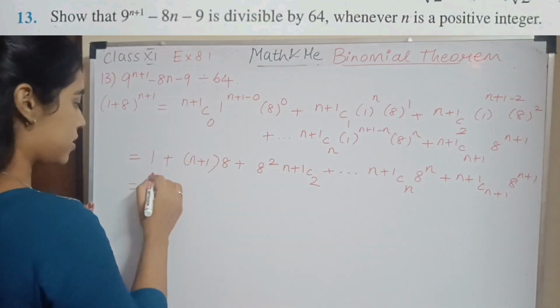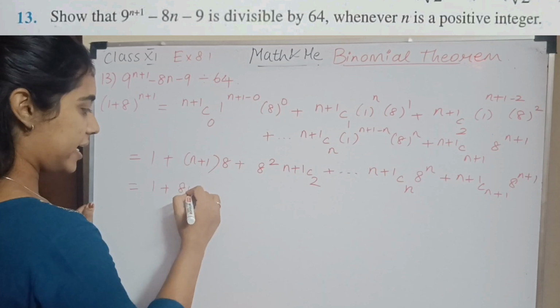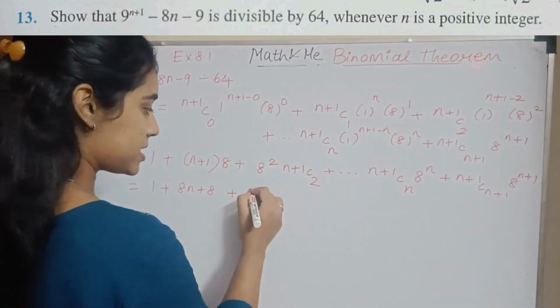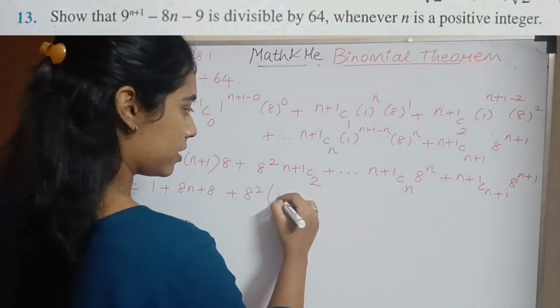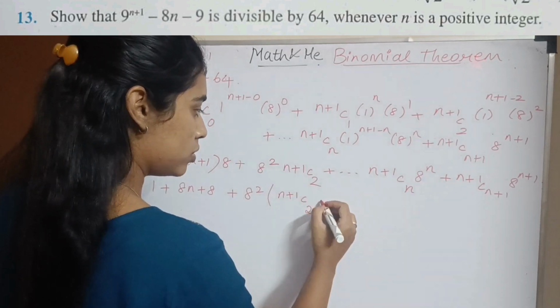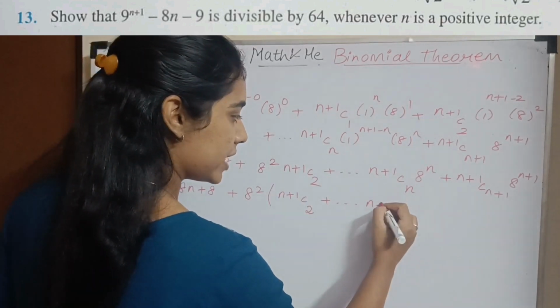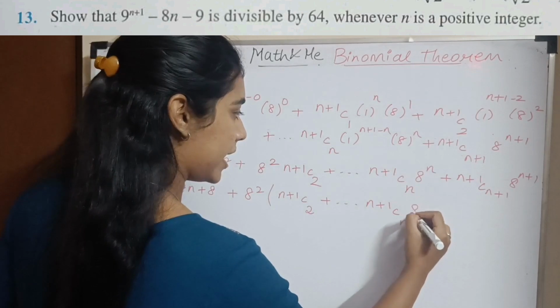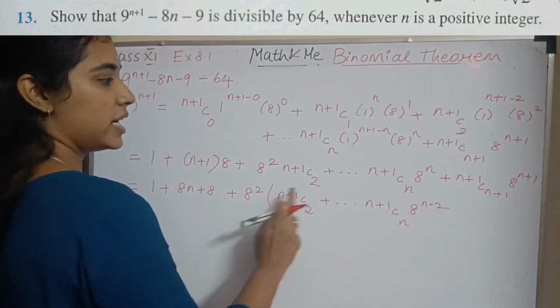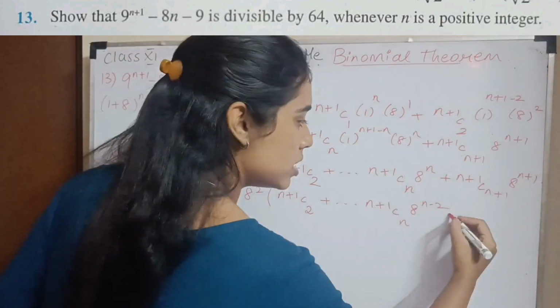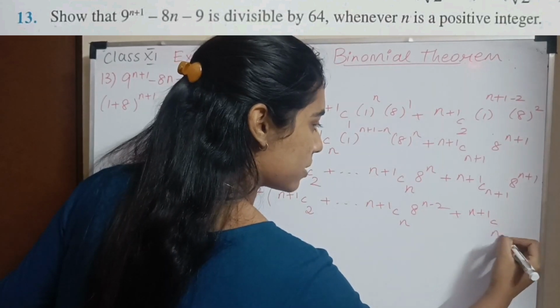So what happens? 1 plus 8n plus 8, plus when I take 8 square outside I am left with n plus 1 c2, plus so on, n plus 1 cn 8 to the n minus 2, plus n plus 1 c n plus 1 8 to the n minus 1.